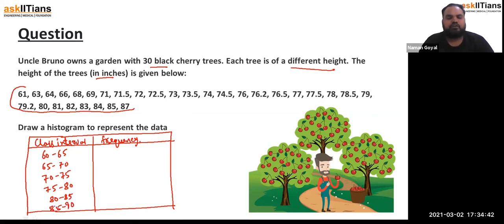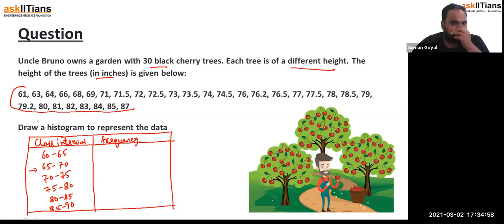Now see, how many trees are there whose height is between 60 and 65? 65 is not included in this class, it is included in the next class. Same for 70, 75, 80 and 85.